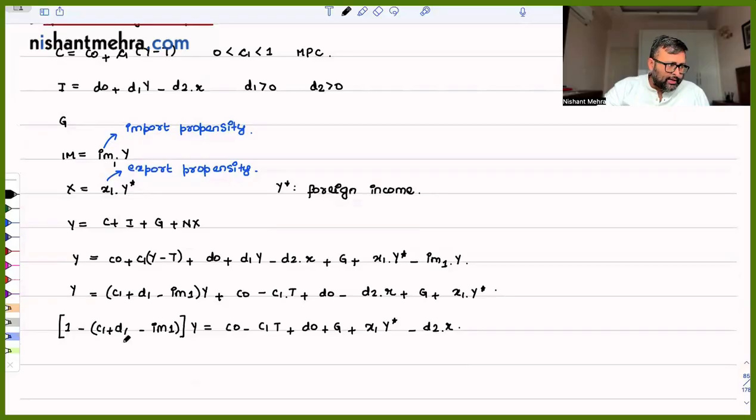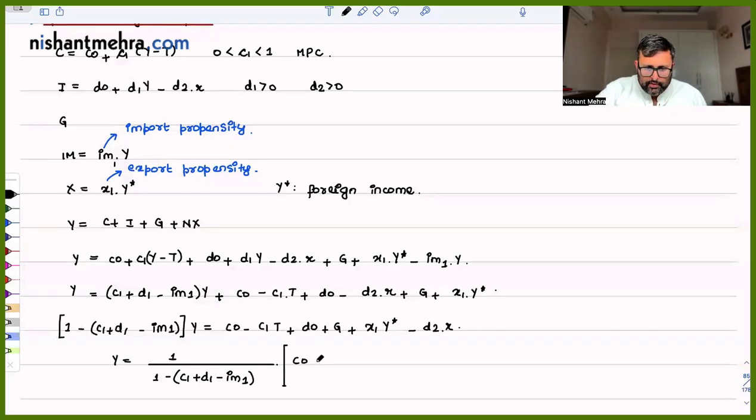So if I want to write my equilibrium income, it is Y equals 1 upon (1 minus C1 minus D1 plus IM1) times (C0 minus C1T plus D0 plus G plus X1 Y star minus D2R).